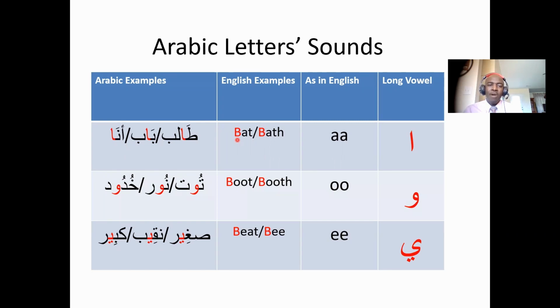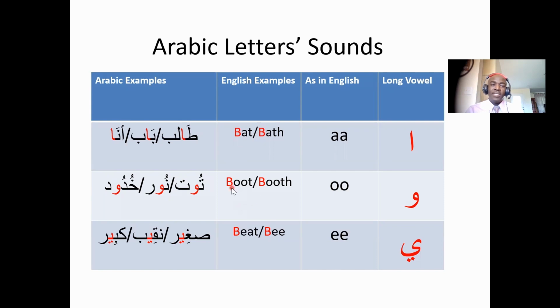We open our mouth a little bit, ba. The sound ba is determined by the vowel that comes after the letter B. Here you see the vowel A, so the vowel A determines the sound of the letter B. In this case, we say ba.